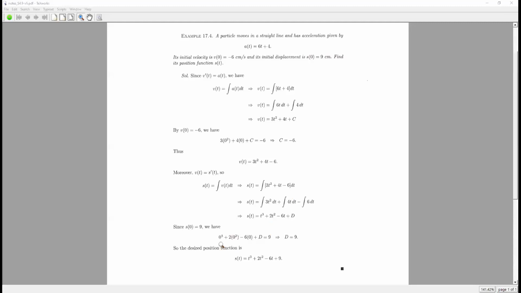Then I get this equation. So therefore, d is equal to 9. So the desired position function is this function.